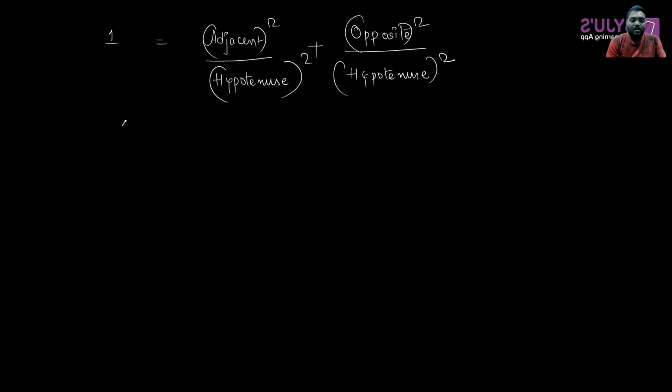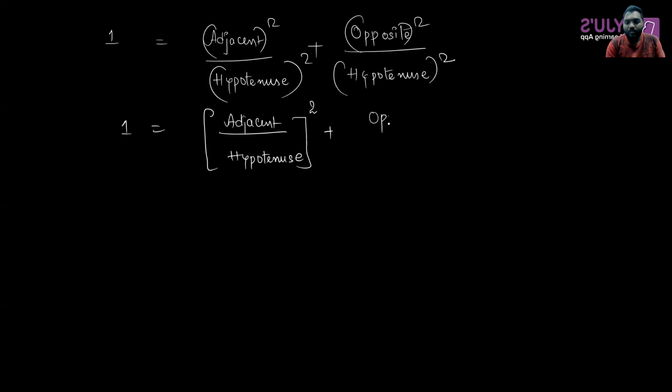Now I can take the square common: adjacent divided by hypotenuse, whole square, plus opposite divided by hypotenuse, whole square. And you know the trigonometric ratio for adjacent divided by hypotenuse is cos theta, right?